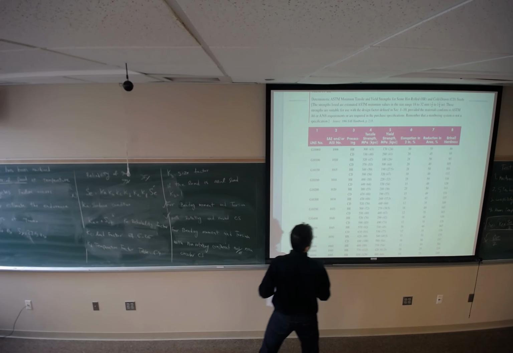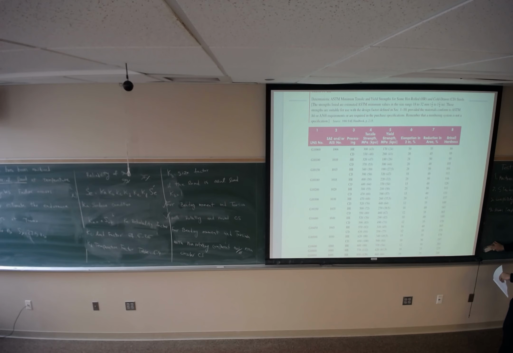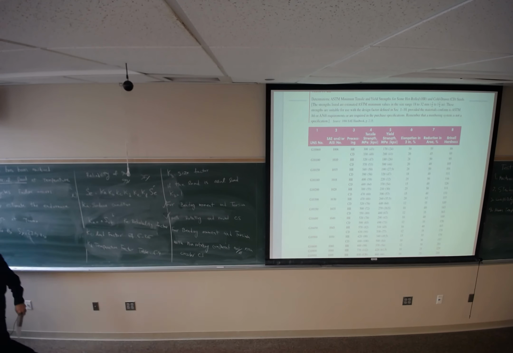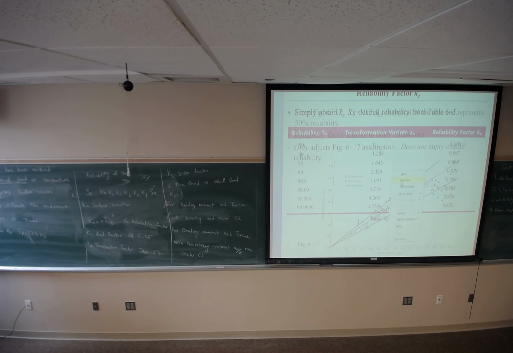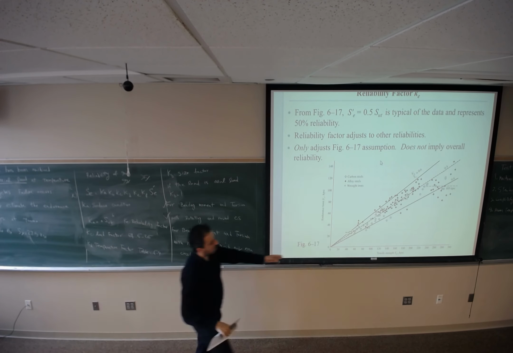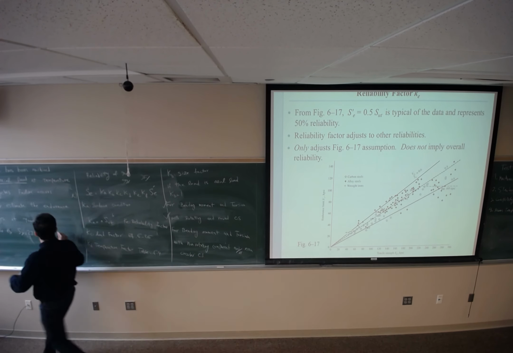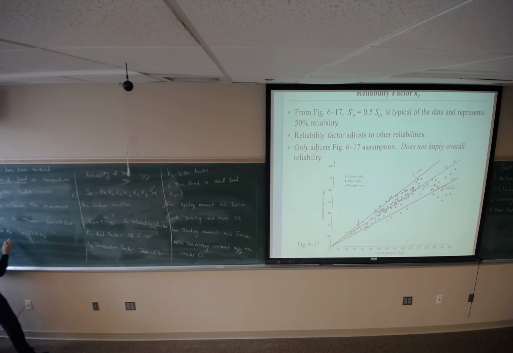S'e is going to be half of S ultimate if it's less than 200 kpsi. So less than 200, which is the case, we are going to use half of S ultimate. Half of 50 is going to be 25.